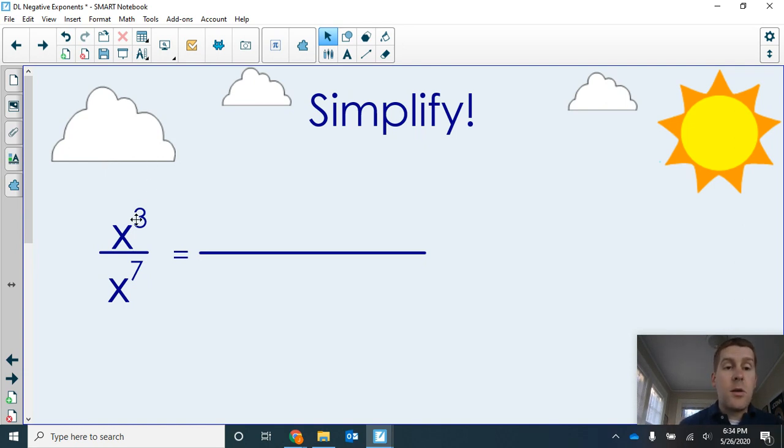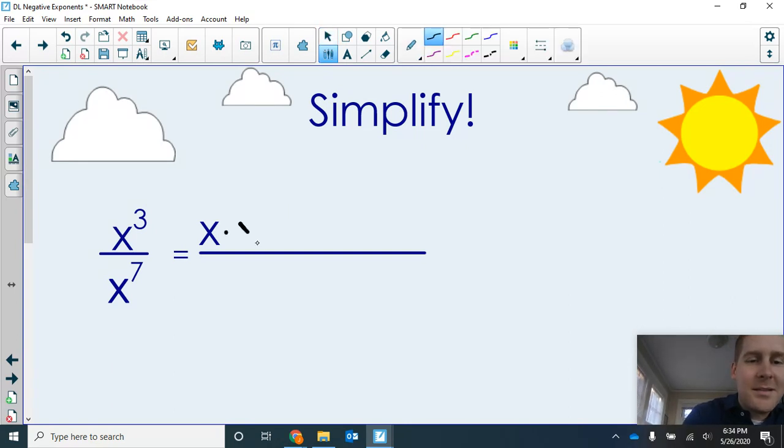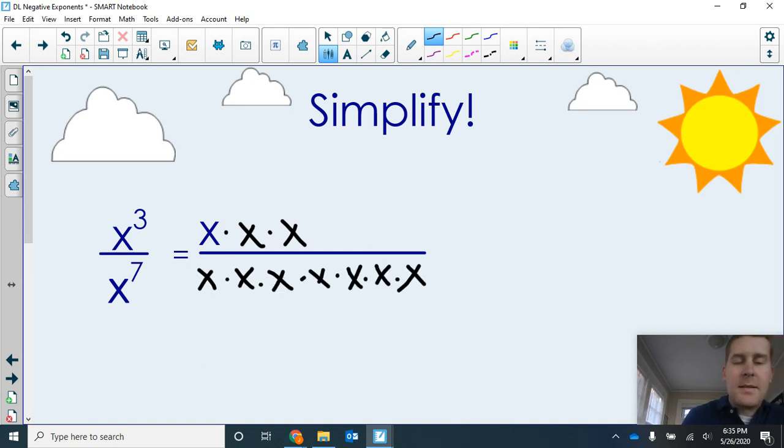Meaning x to the third, we can write as x times x times x, right? And on the bottom, we have x to the seventh, which is x times x times x times x times x times x times x. So 3 x's on top, 7 x's on the bottom.